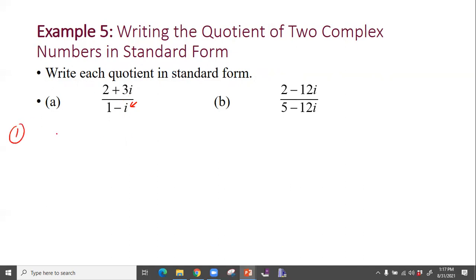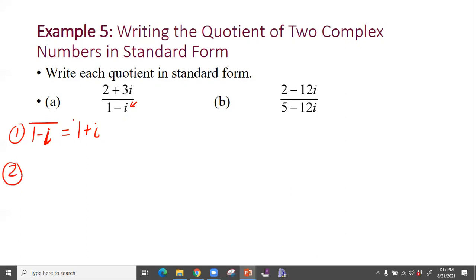So step 1 is to find the conjugate of your denominator. And what's the conjugate of my denominator? It's okay. It happens to me as well. The conjugate of the denominator is going to be 1 plus i.